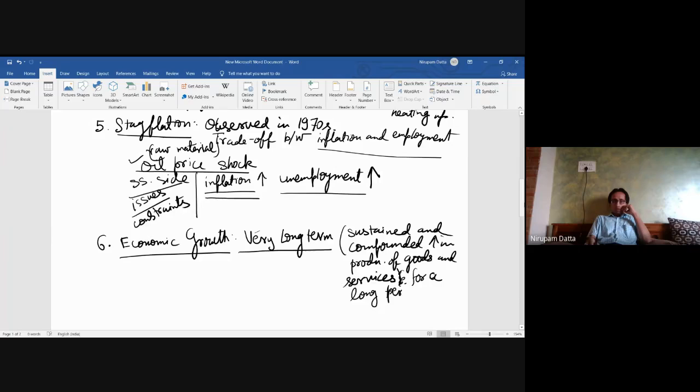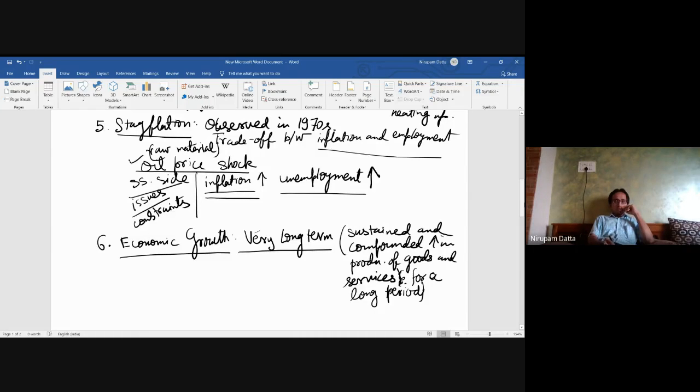So it measures how fast an economy can increase not only its productive capacity, but also the actual production of goods and services.